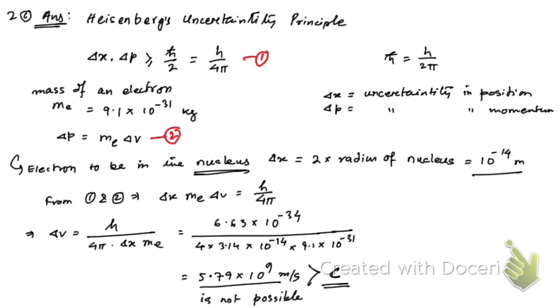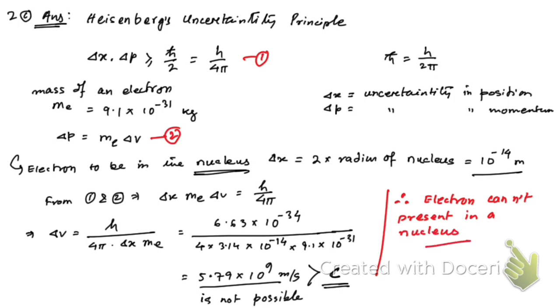Therefore our conclusion is that an electron cannot be present in a nucleus. So hope you have understood this.